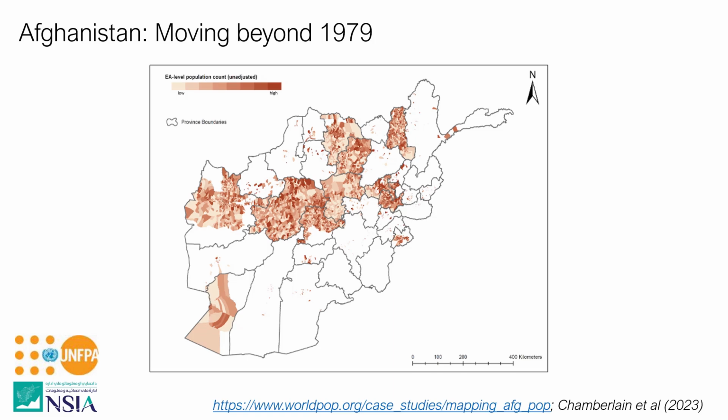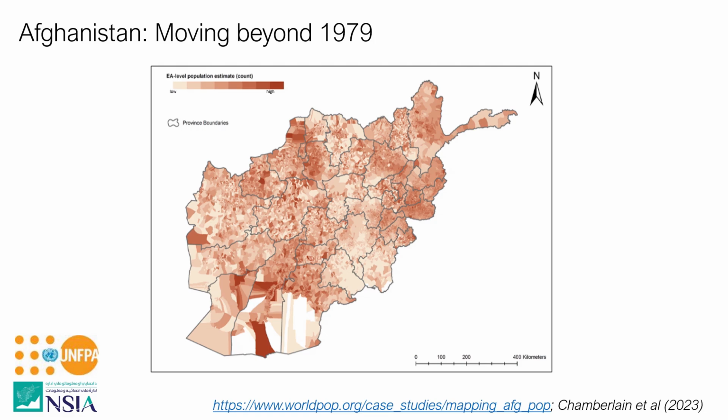The government had been able to collect data in these pink areas, but the white areas were Taliban controlled at the time. We were able to work with them to identify some safe areas to go and collect extra data to try and get a more representative picture of those Taliban controlled areas, and then use those to develop a Bayesian hierarchical model, in this case, to predict into those unsampled locations.